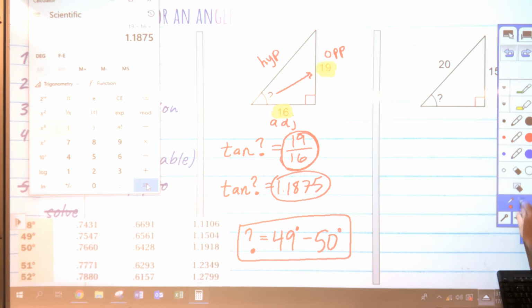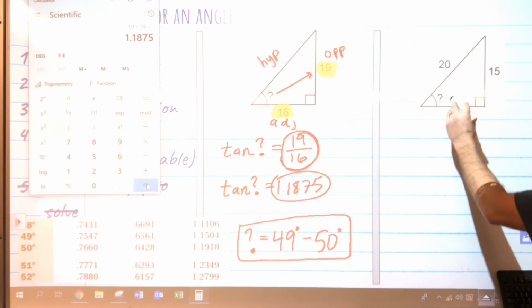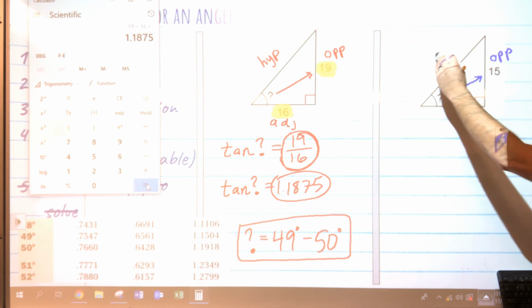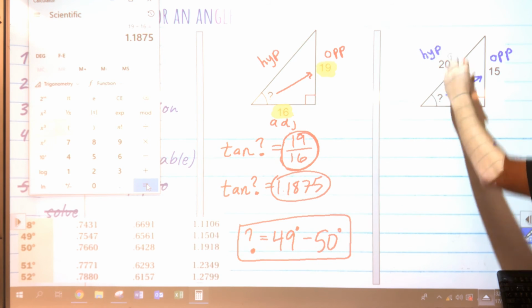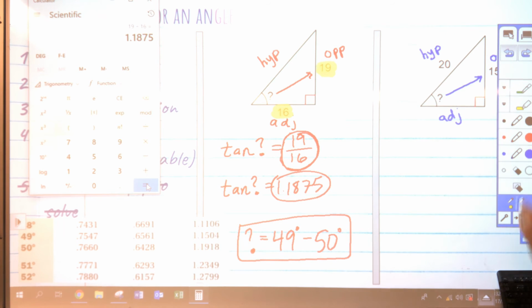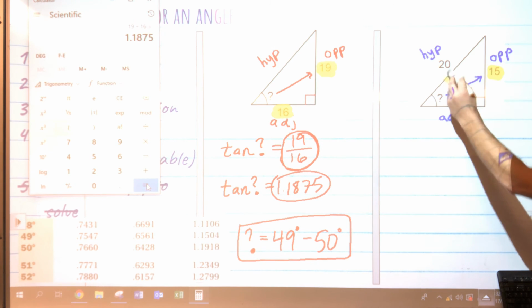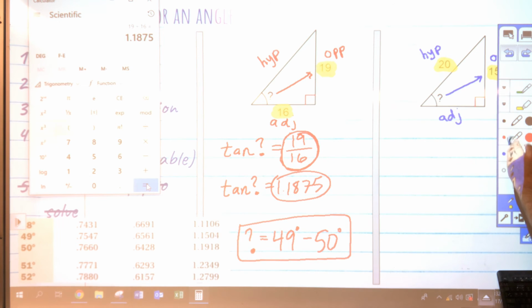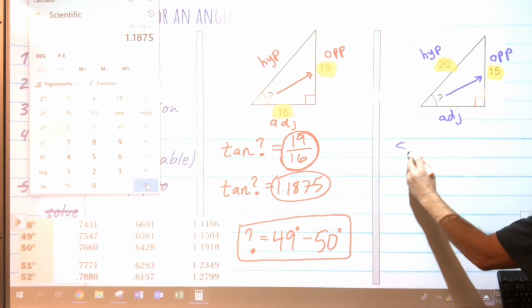We start off the same way, labeling our sides. This is the opposite, the hypotenuse, and this is the adjacent. We pick our ratio by looking at the two values involved, 15 and 20. So we've got O and H. O and H leads us to sine. So I write my equation.